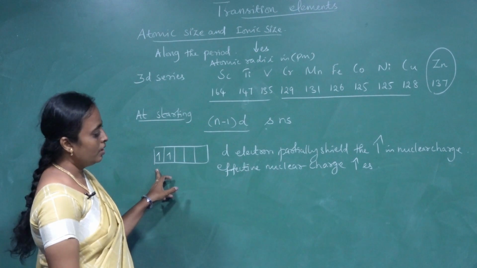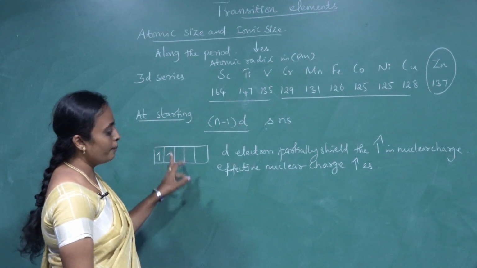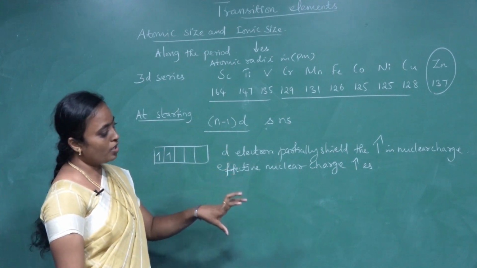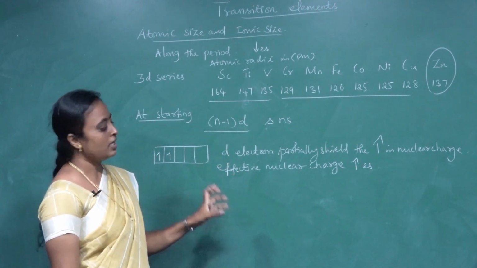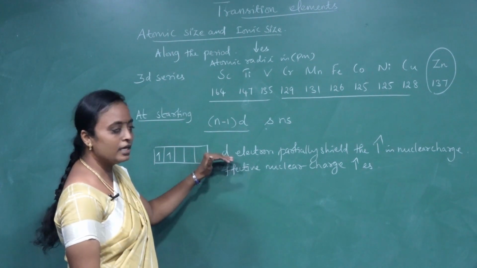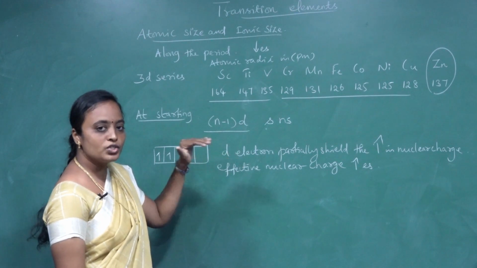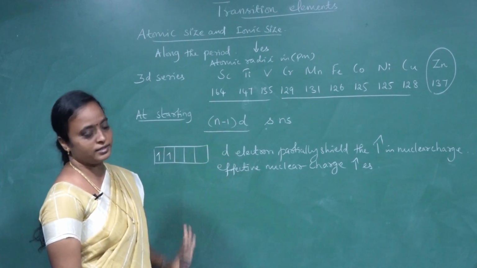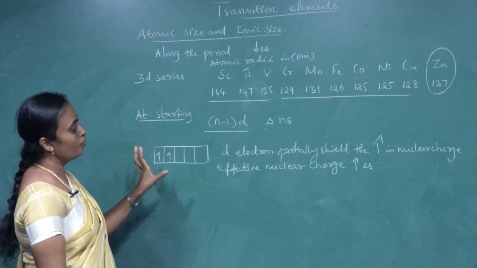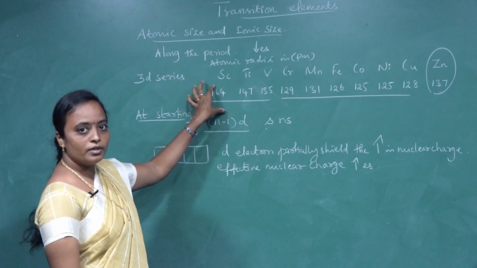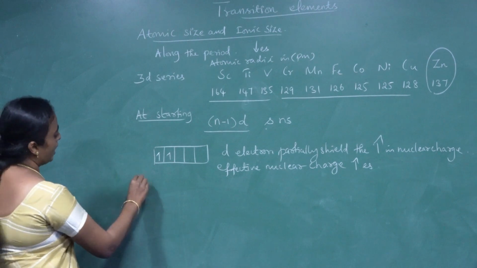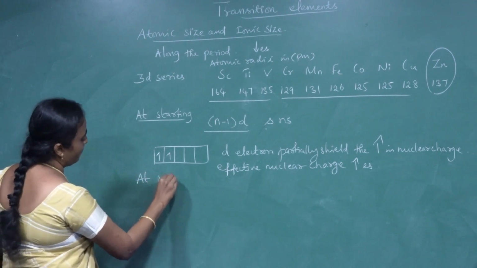The d electrons shield only weakly, so the shielding effect is less. That is why, when we move from scandium to vanadium, the atomic radii gradually decrease. Okay, and next, the middle.